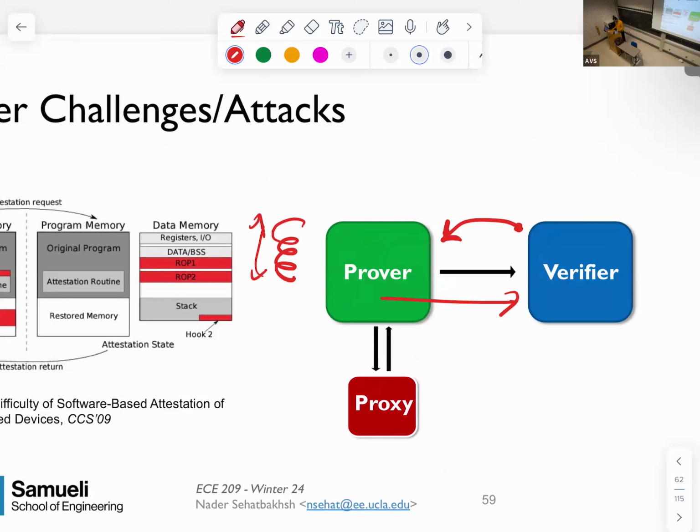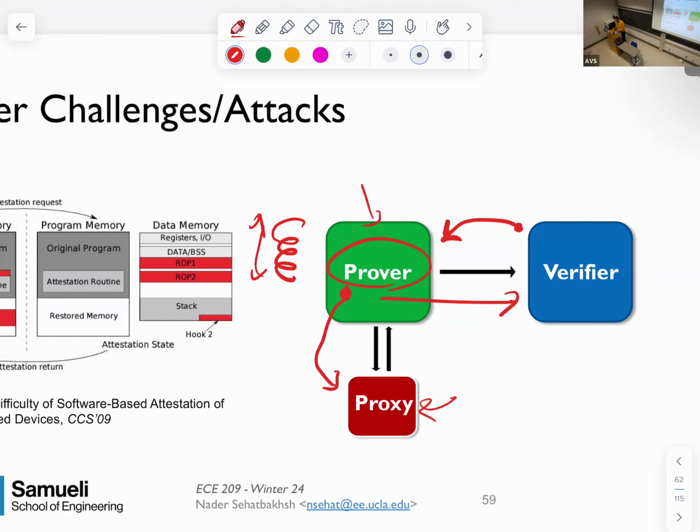But what if the prover, instead of computing the hash itself, forwarded it to another device called a proxy device? The difference between this prover and this proxy is that the proxy is a much faster device. Let's say the adversary is hacking this IoT device, say a Raspberry Pi, but since it's controlled completely by the adversary, they also have a very sophisticated laptop next to them.